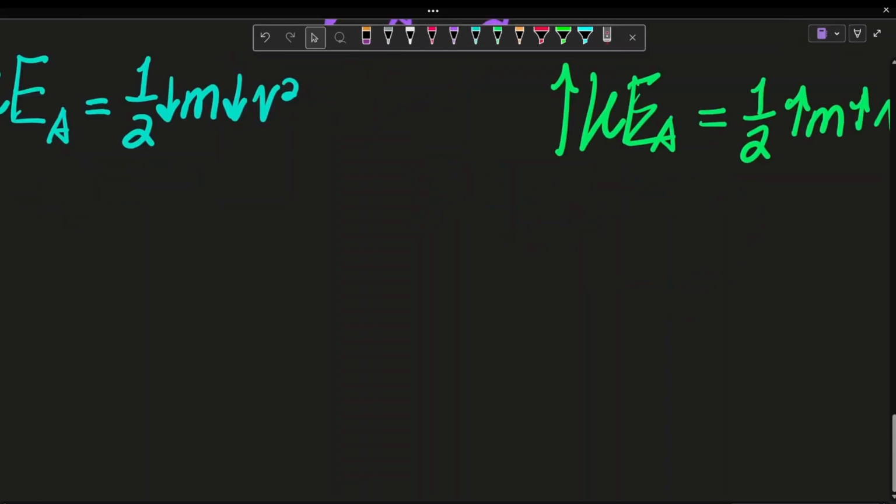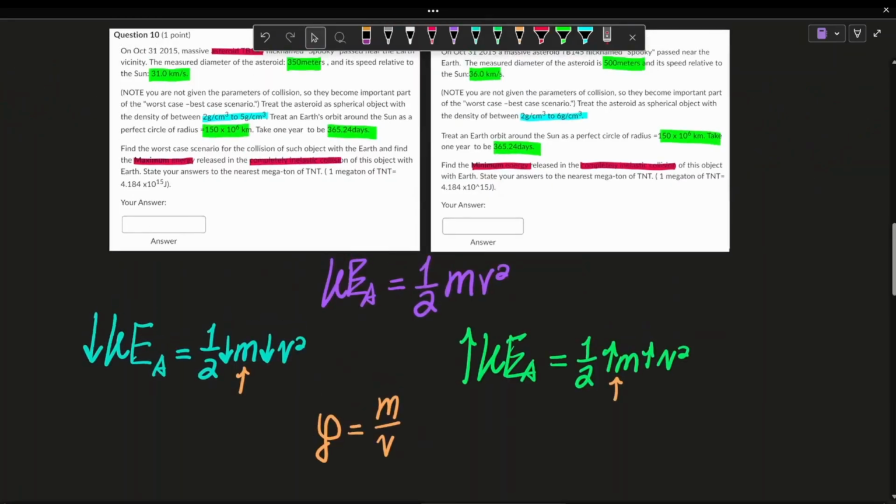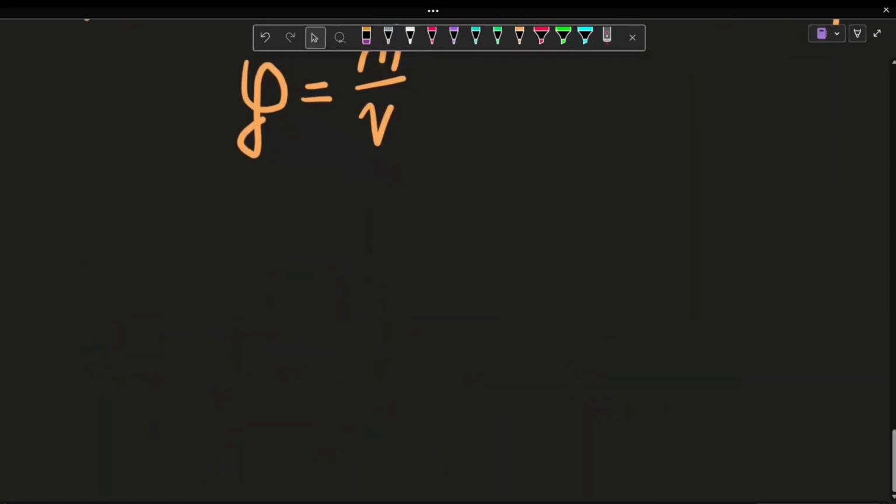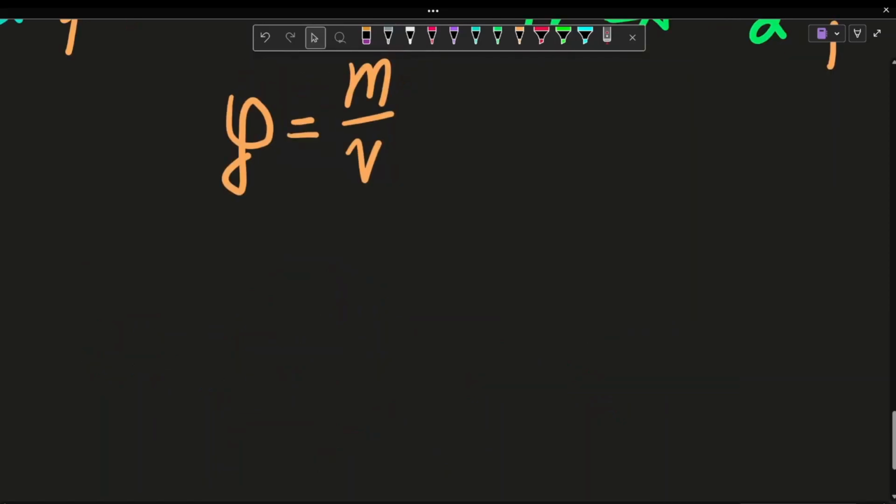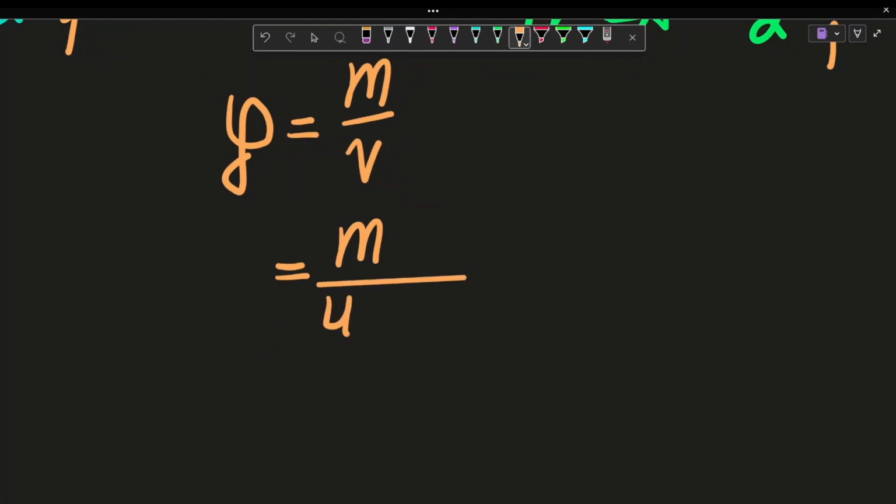We'll begin with the central equation again. We want to begin by finding the mass. So we know that the density is mass over volume. Now we also know the volume of a sphere is 4/3 pi r cubed. So let's write that down: the mass over 4/3 pi r cubed, where this is the mass of the asteroid and this is the density of the asteroid.